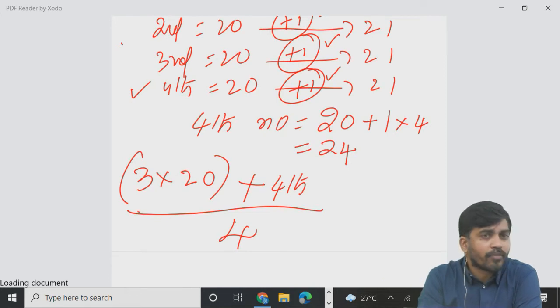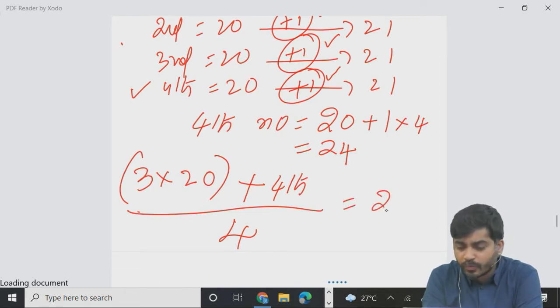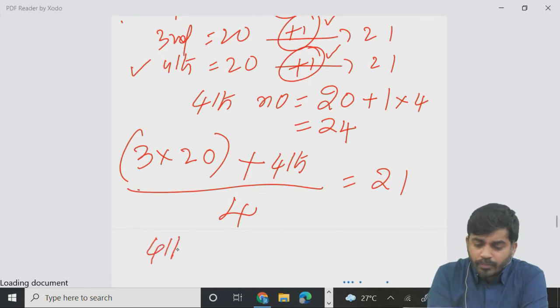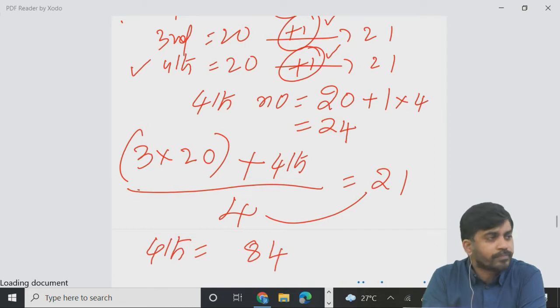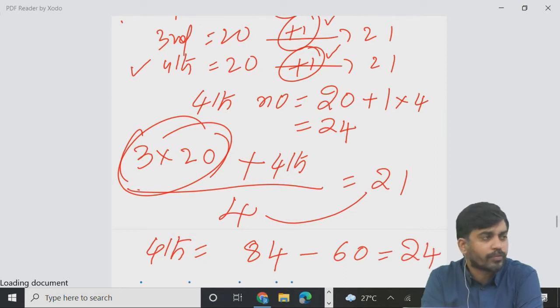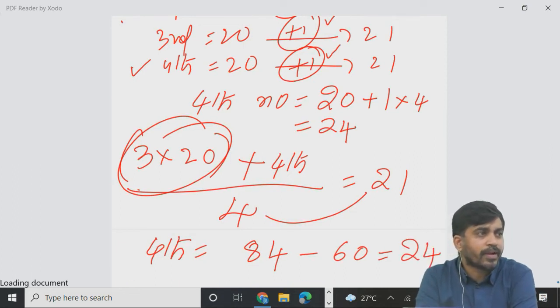What is the mean of all the 4 numbers? 21. So now the fourth number is equal to 4 into 21, which is 84. 3 into 20 is 60. What is the answer? 24. This is by using formula.